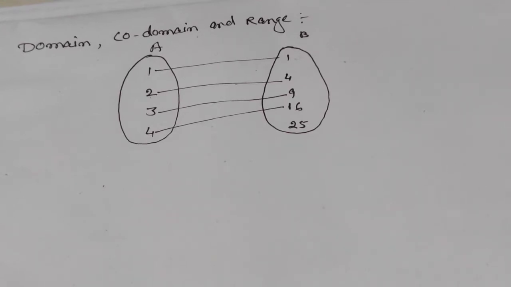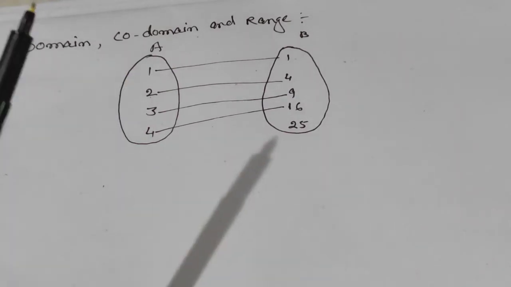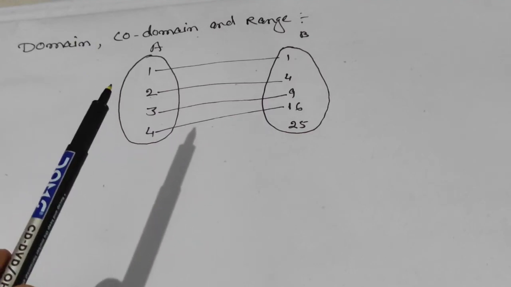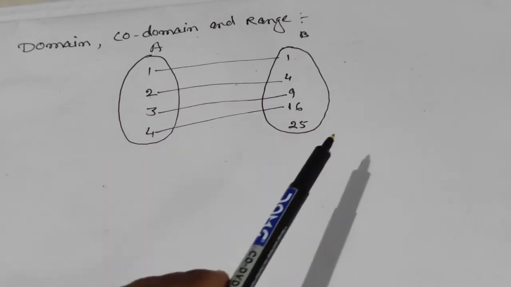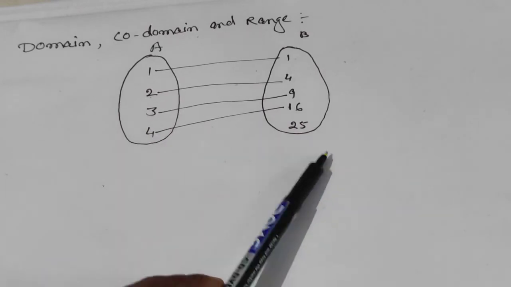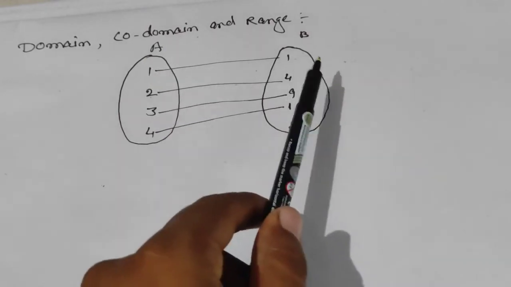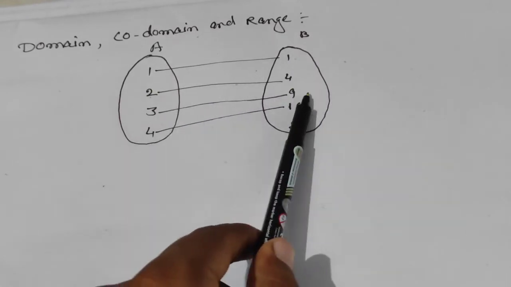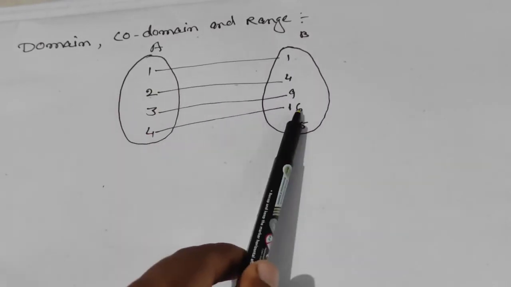Let's strengthen the concept by knowing how we can find which one is domain, which one is range, and one more term, codomain. Here I have drawn two sets A and B. We can see that 1 is related to 1, 2 is related to 4, 3 is related to 9, 4 is related to 16.